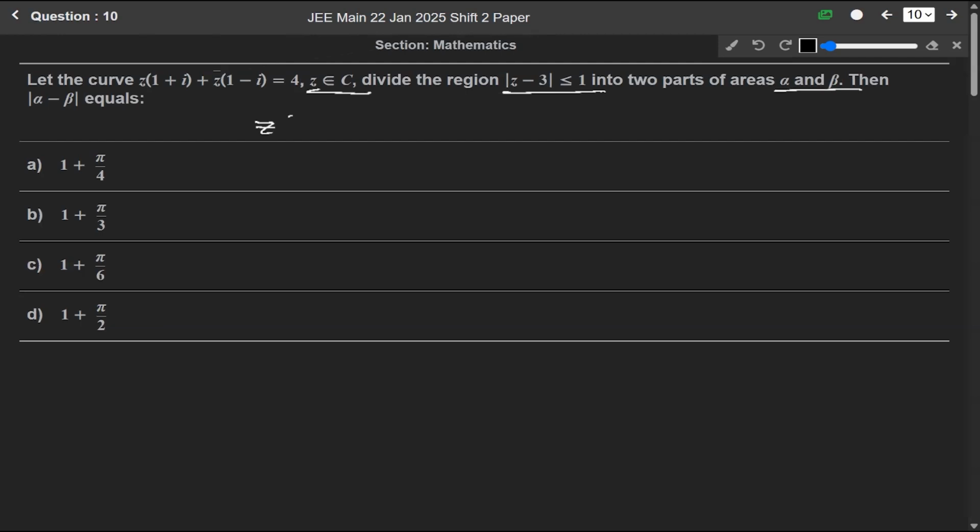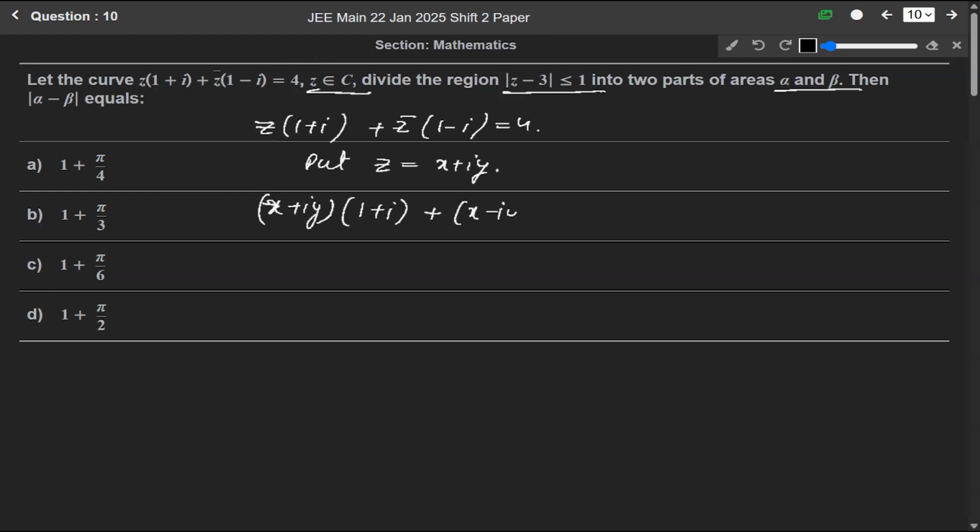We are given the curve as z(1 plus i) plus z bar(1 minus i) equals 4. Okay. So let us put z equals x plus iy. So (x plus iy) into (1 plus i) plus (x minus iy) into (1 minus i) will be equal to 4.